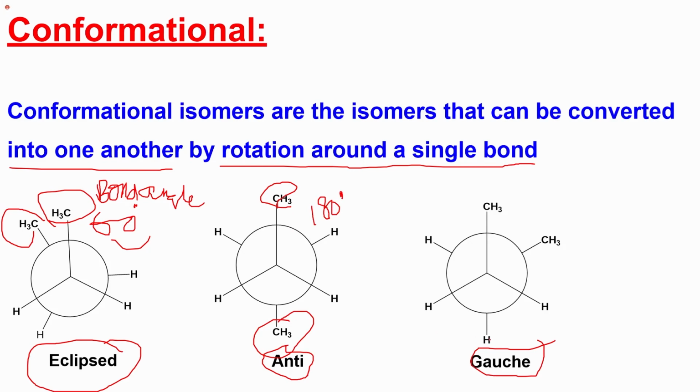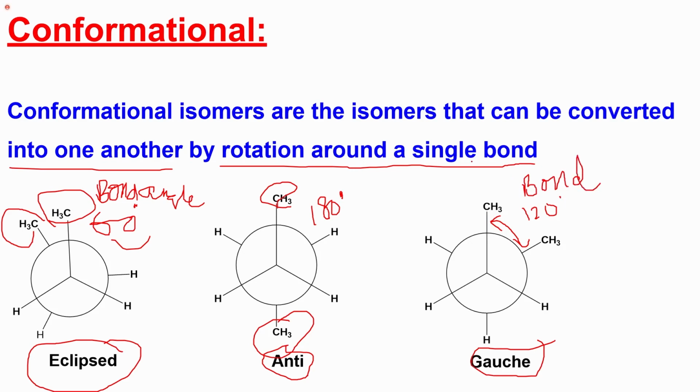Now you see there is another isomer where the angle between CH3 and CH3 is 120 degrees. Then it is called the gauche isomer.